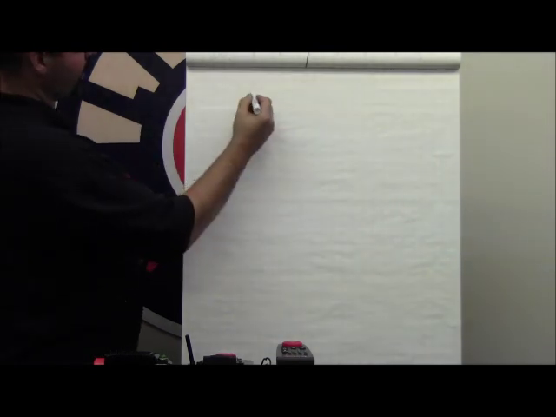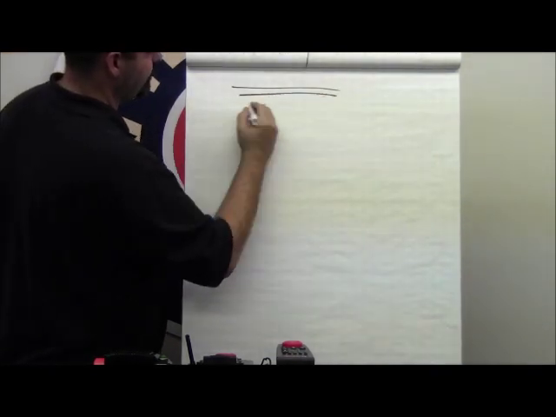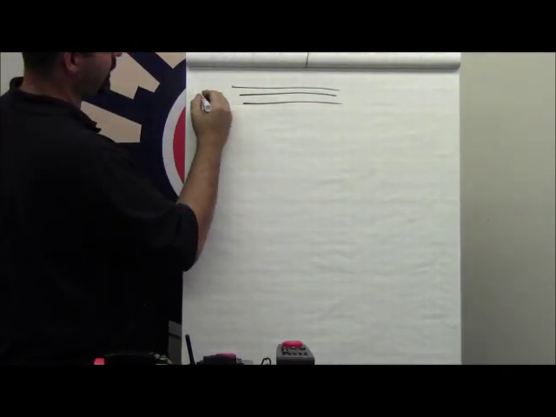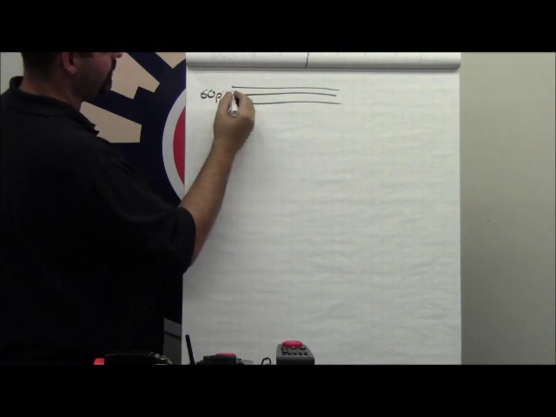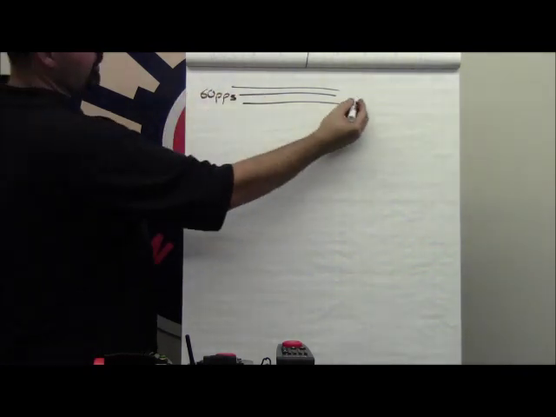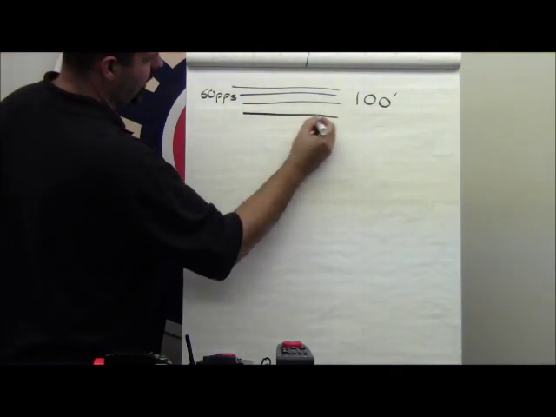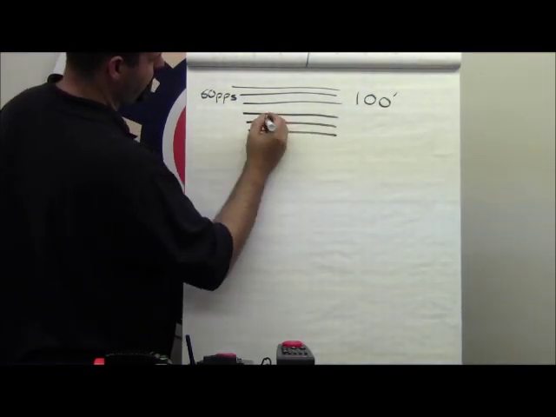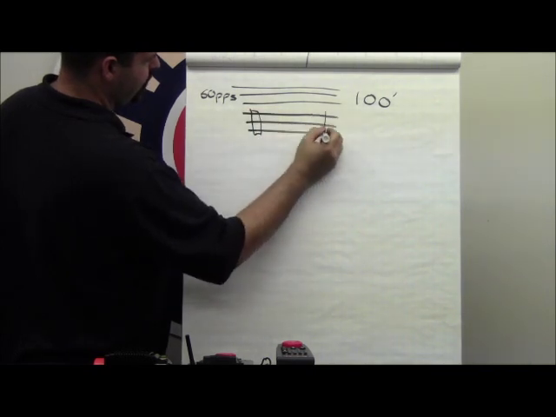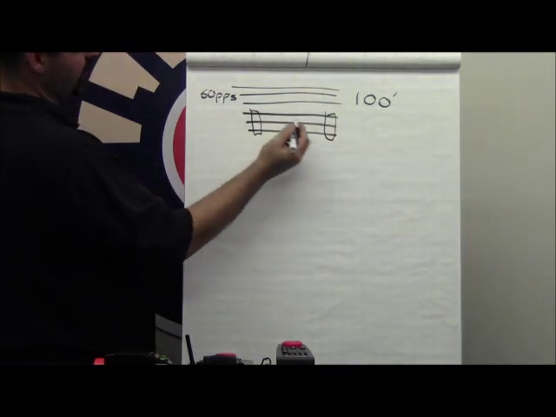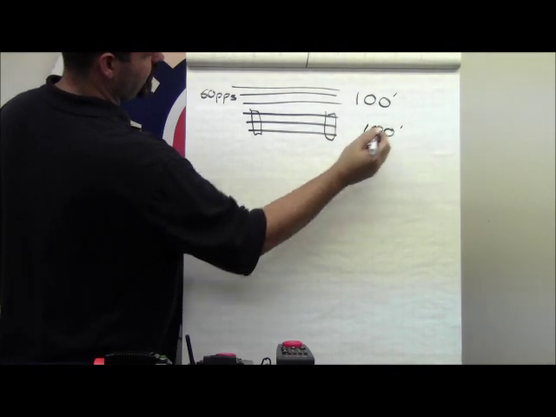You have one track here that's seeing 60 pulses per second. And it's clean. And let's assume that this is 100 feet long. We have another track here, and we'll assume that it too is 100 feet long.